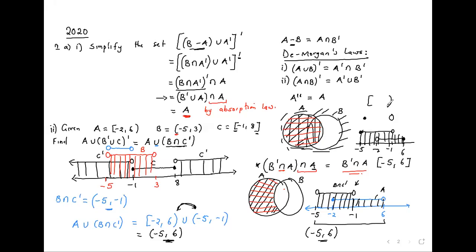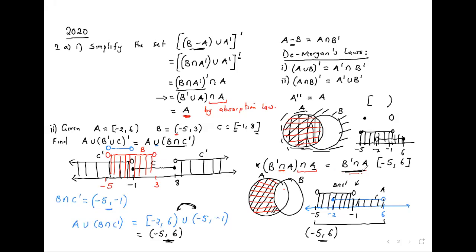Sir, before we move from this board, I'm really sorry to take you back. What did you say on the B complement intersection A? So we said the answer would be B complement intersection A. A bigger set intersection a small set, you get the small set.